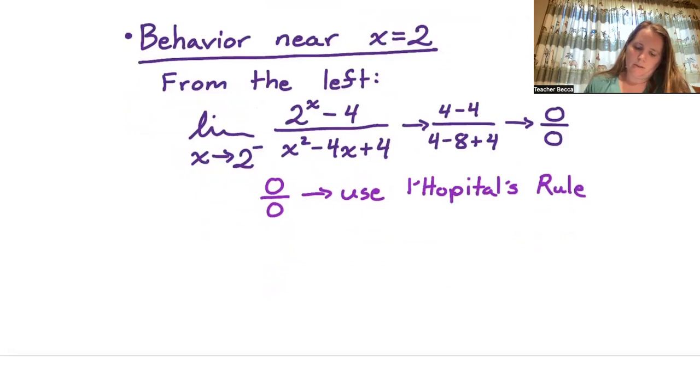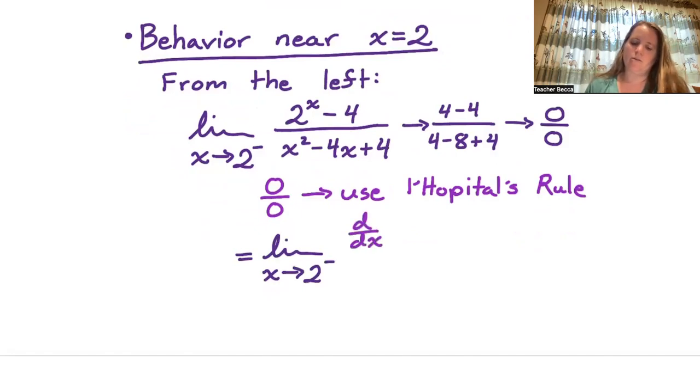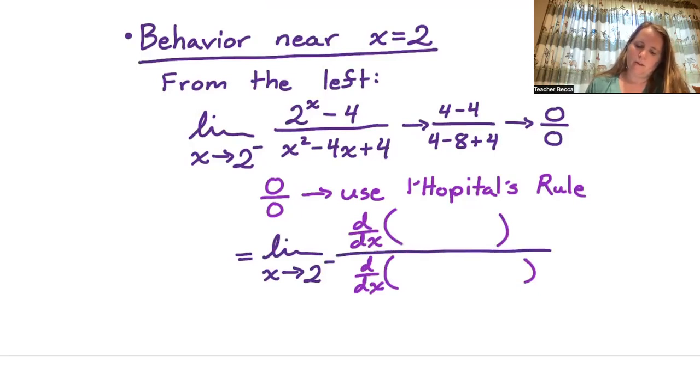So this becomes the limit as x approaches 2 from the left of the derivative of 2 to the x minus 4, divided by the derivative of x squared minus 4x plus 4.